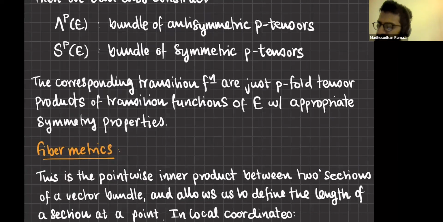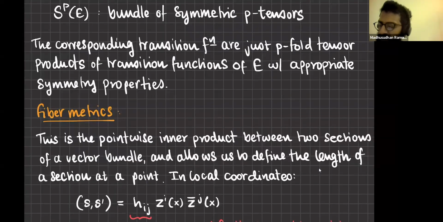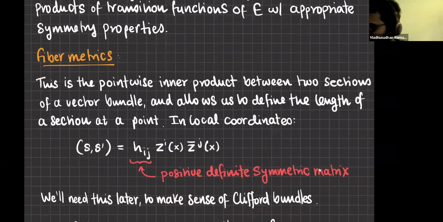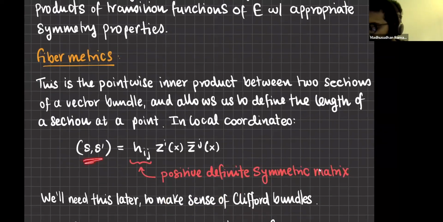We can also define a sort of metric on the fiber, which is really just a pointwise inner product between two sections. What this allows us to do is define the length of a section at a point. This is basically just defining an inner product on the space of sections. In local coordinates, let's say I have sections S and S prime.